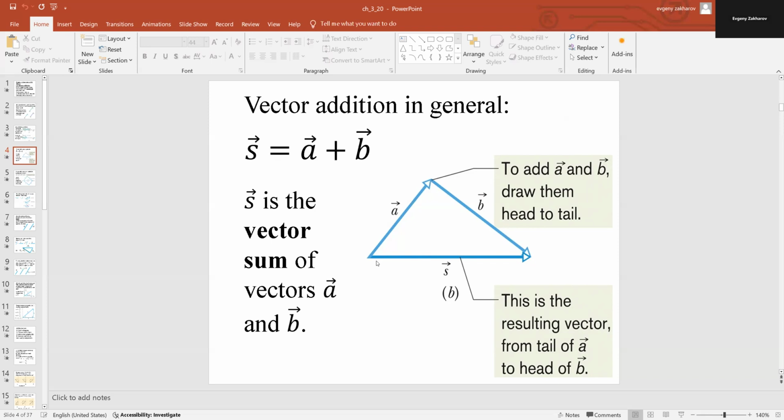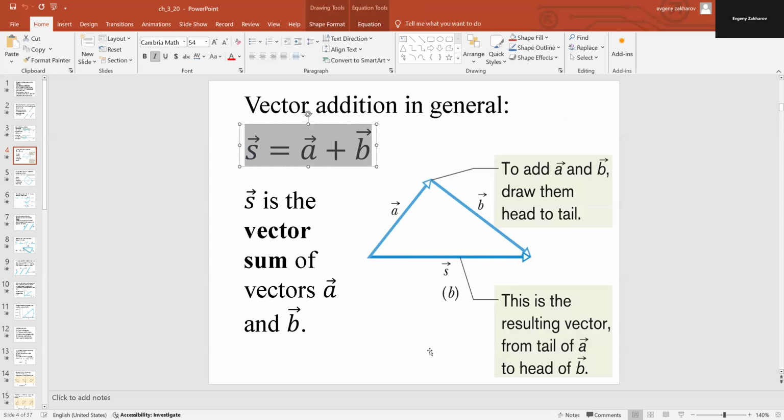The rule is simple. You draw the first vector, and tip to tail, from the end of the first one, you start drawing the second one. Then for the sum of two vectors, you connect the beginning of the first and the end of the second. So vector S is the vector sum.